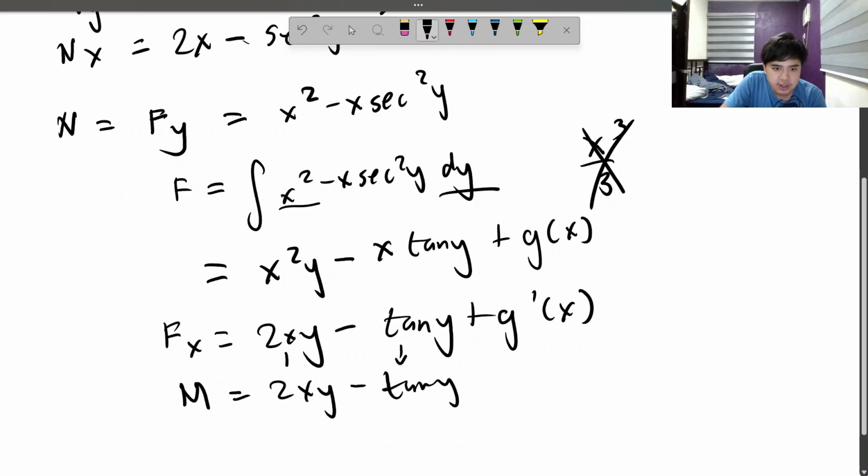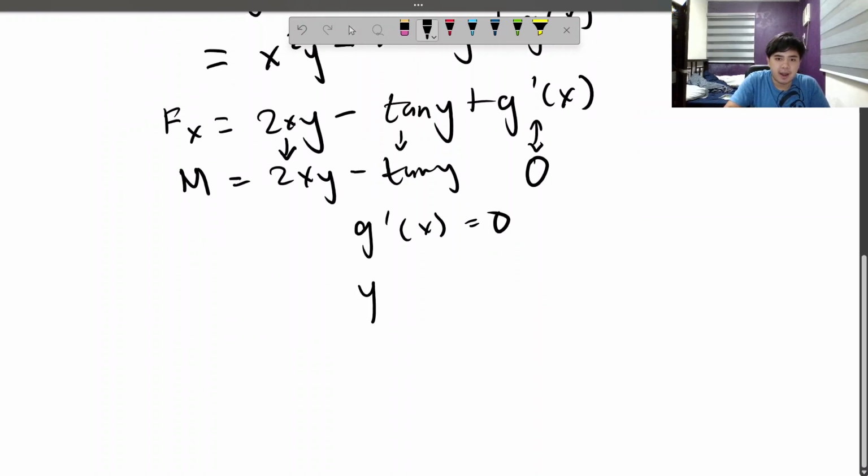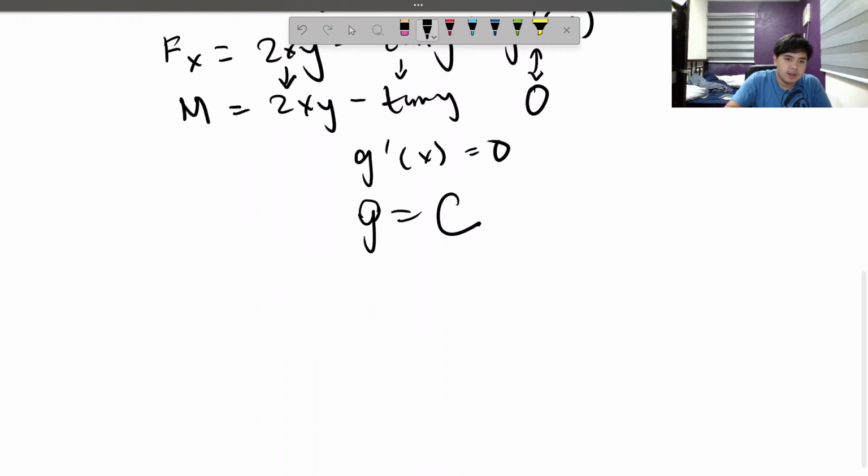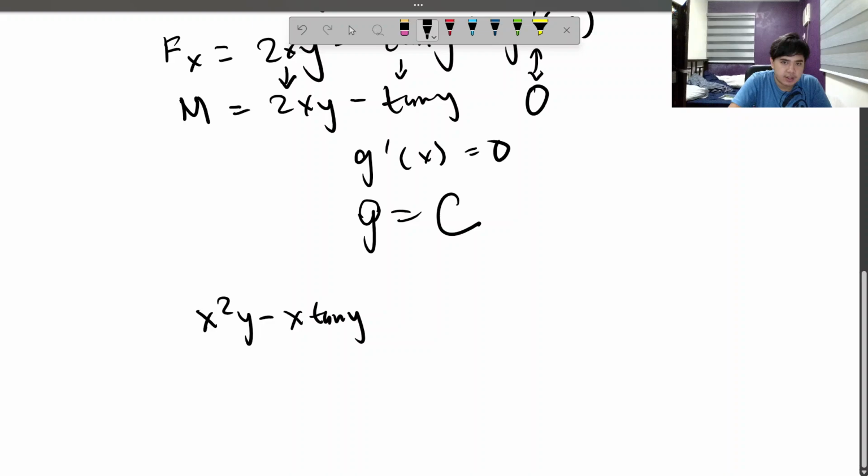Clearly, this matches, so g prime of x equals 0. G is the integral of 0, which is a constant. So there's nothing interesting in here. Let's assemble. We get x squared y minus x tangent y, and g of x is just c, so we're going to put the c on the other side. And that's going to be your general answer.